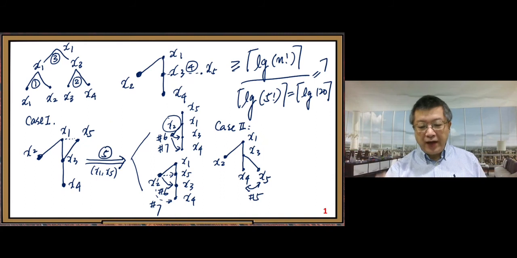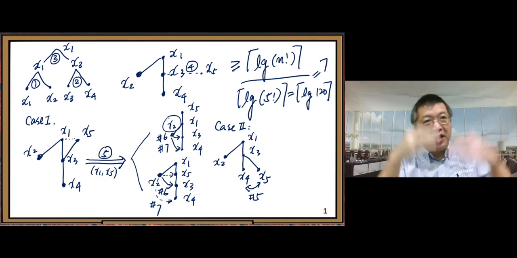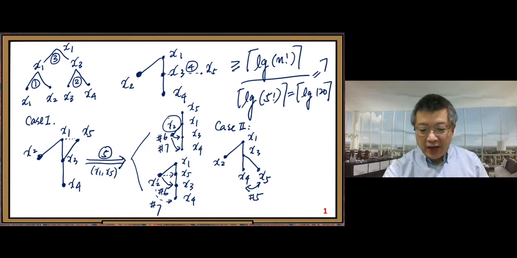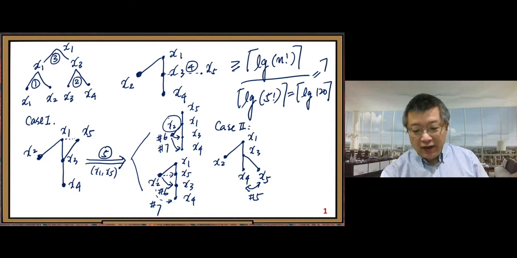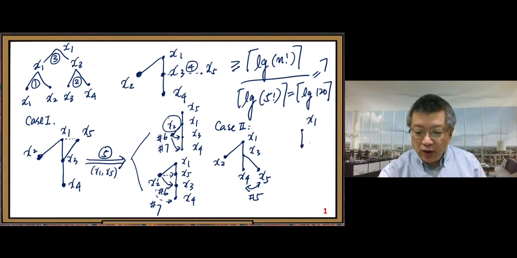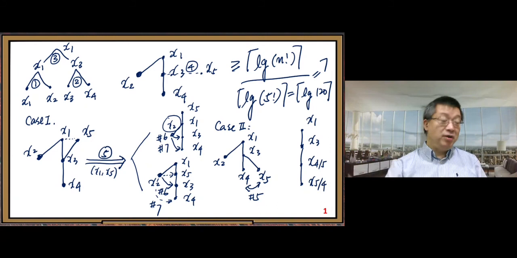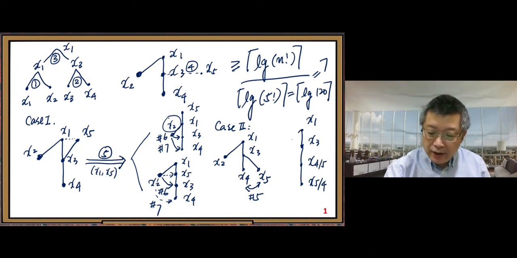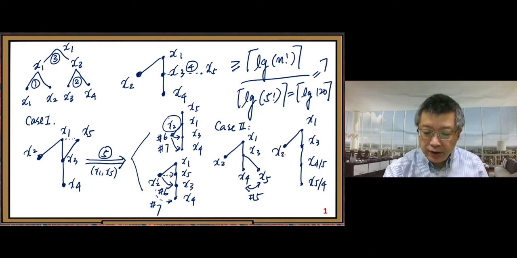Then you have two cases, but actually a similar situation: X1, X3, X4, X5 or X1, X3, X5, X4, and you have X2 here.